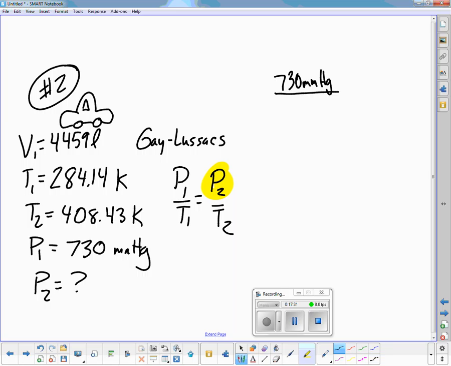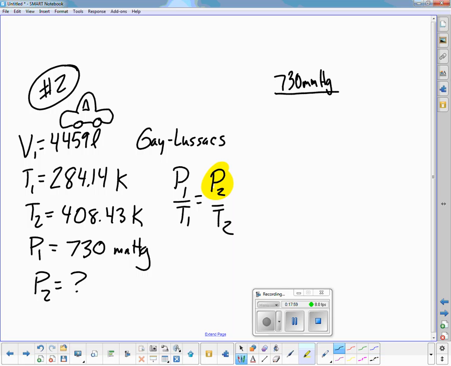The only time it has to be atm is if I'm in ideal. Ideal has to be specific units. If you're given moles, you know you're going to use ideal because in the others, the moles drop out. So in ideal, you have to be in atmospheres and liters and moles, and you have to be in Kelvin. All the gas laws with temperature, you have to be in Kelvin.